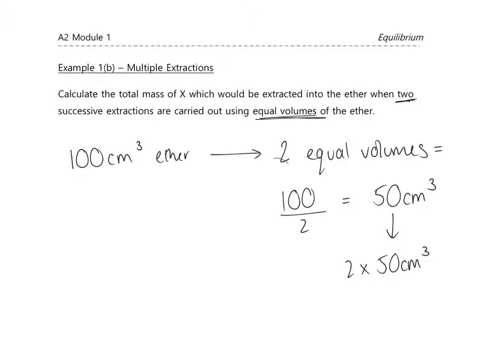Now, you might want to take a blank page for this. This is going to involve quite a wee bit of working out. So I'm doing my calculation exactly as before, but using a volume of organic solvent of 50 centimetres cubed. So my working out will involve me writing X in water versus X in the ether.